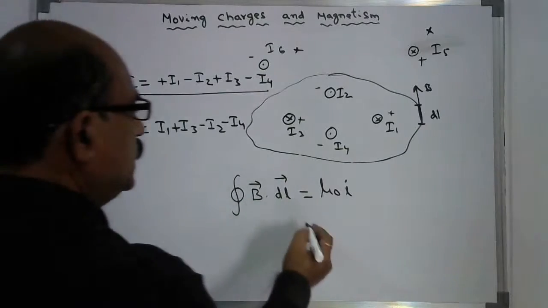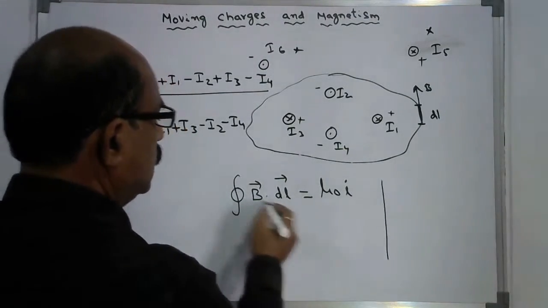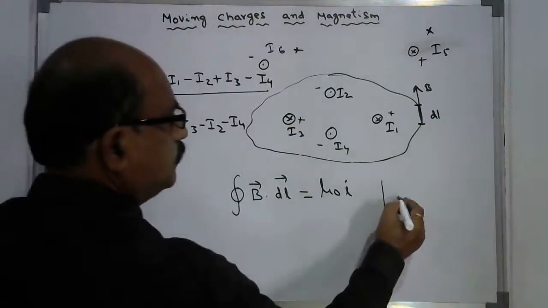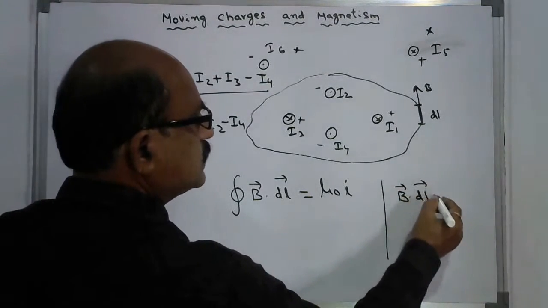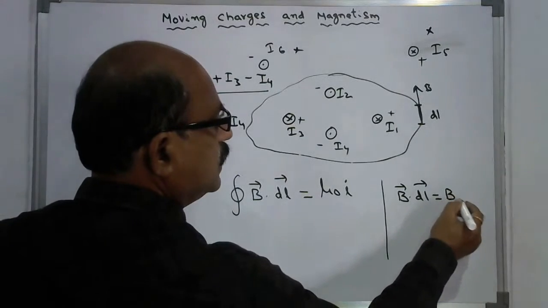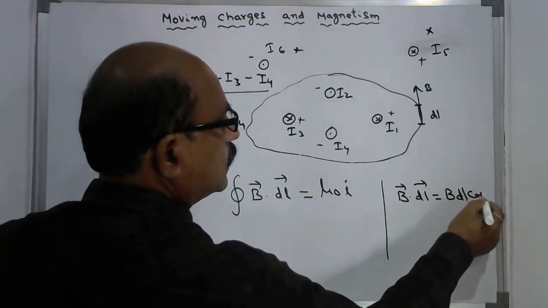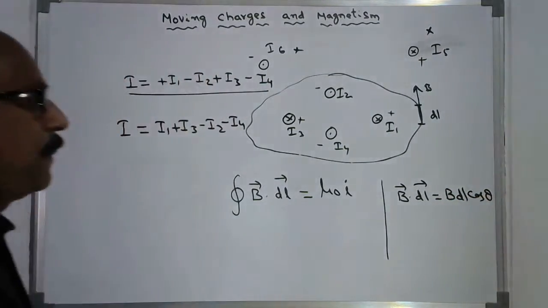For B dot dl, as you know, it is a scalar product. The B dot dl can be written as B dl cos theta, as it is a dot product.